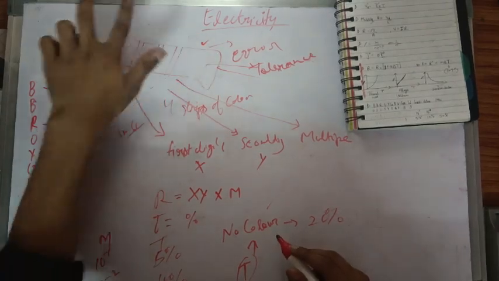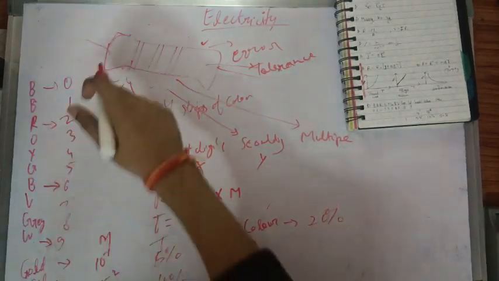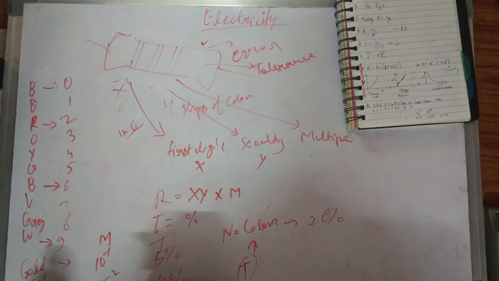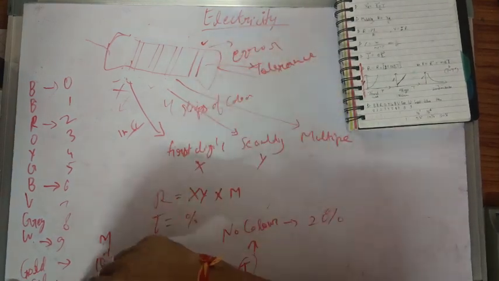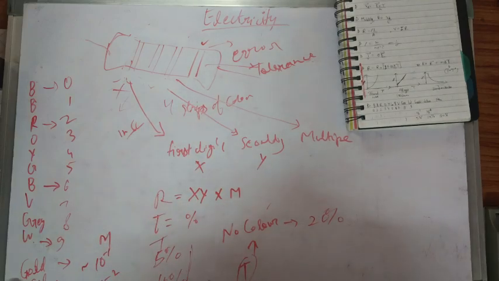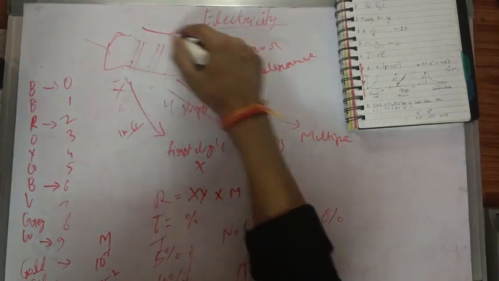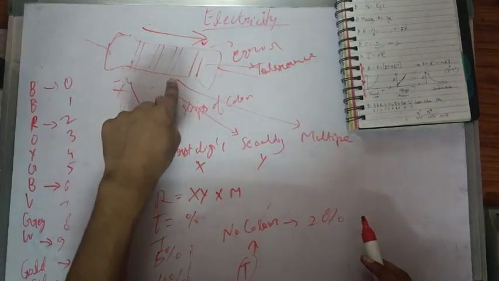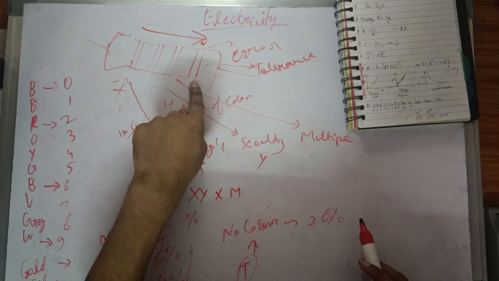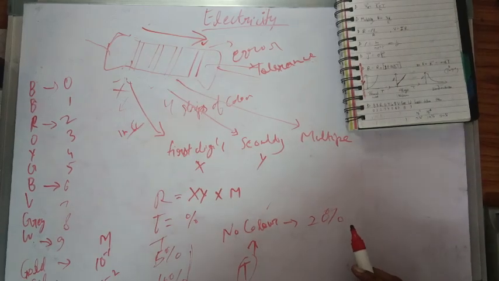But if colors like gold or silver are given for the tolerance values, then we can easily say that we have to read like this. This is the first digit, second, this is the multiplier, and gold or silver gives tolerance.